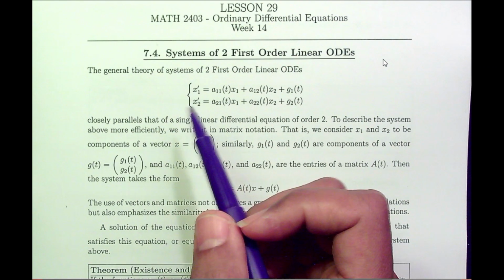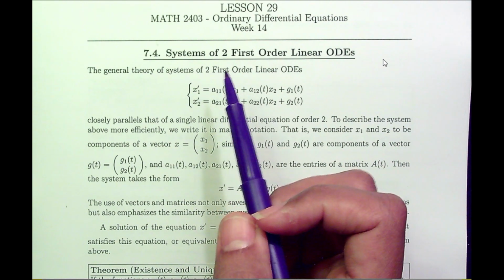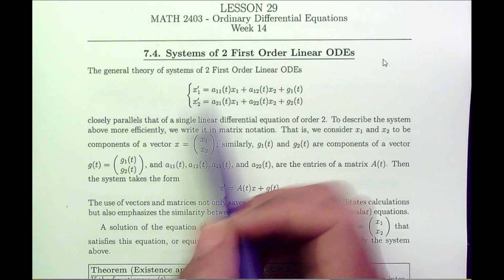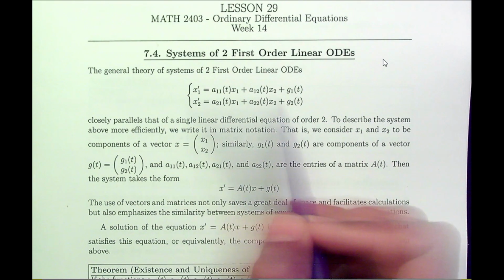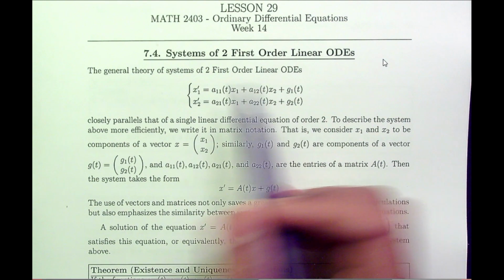Now, we're going to be concentrating only on systems of 2 differential equations that are linear, and in that case, we can write it like this. Okay, so suppose that this is our system.